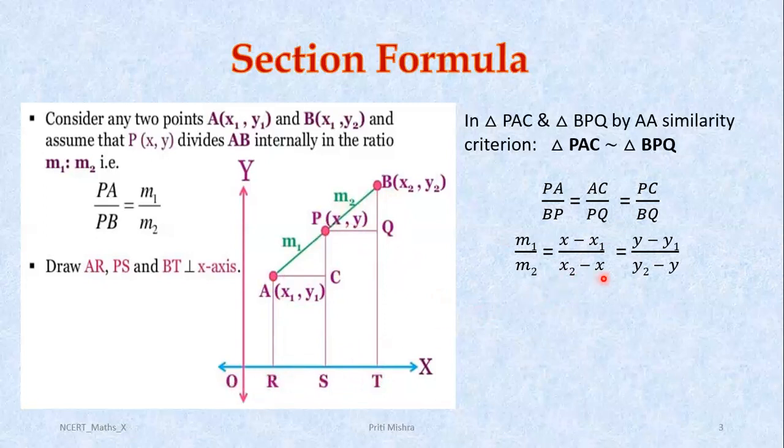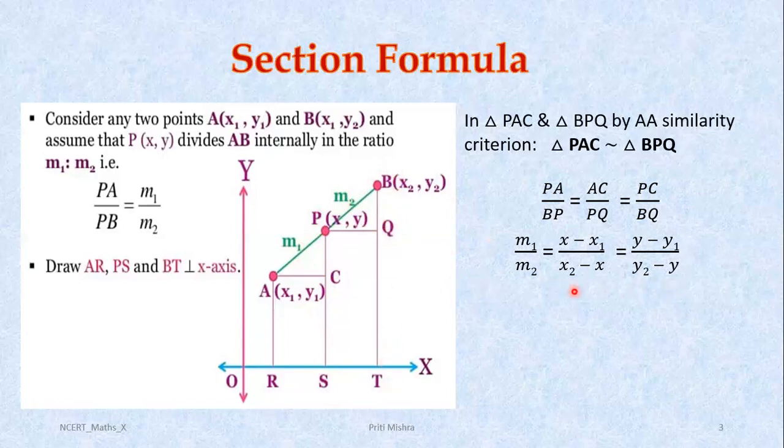So PQ is equal to x2 minus x. Now PC, just see here in the figure, PC is equal to y minus y1 because this line segment is y and this is y1. So PC will be y minus y1. BQ will be y2 minus y.